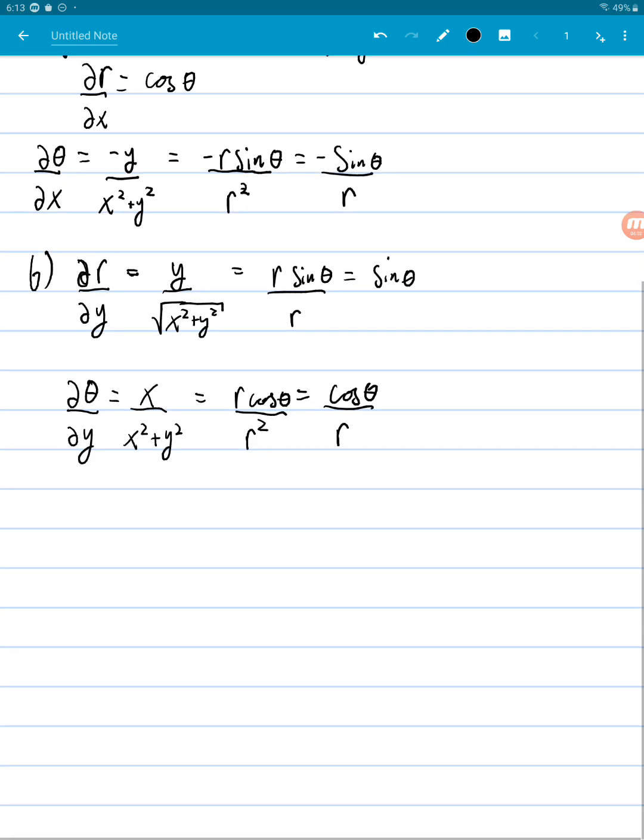Next, for part C, we want to find dz by dx and dz by dy.